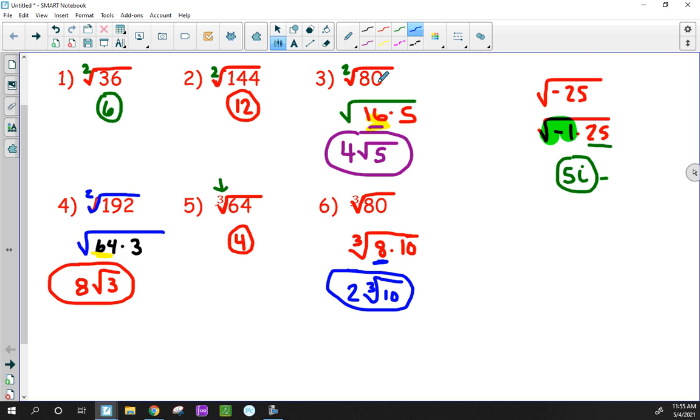Your game plan is to go back, look at your list, find the biggest perfect square or the biggest perfect cube that divides into your problem. When you find it, write that number as a pair of factors. Underline the piece that you know you can simplify so it comes outside the radical, and leave the other number underneath.